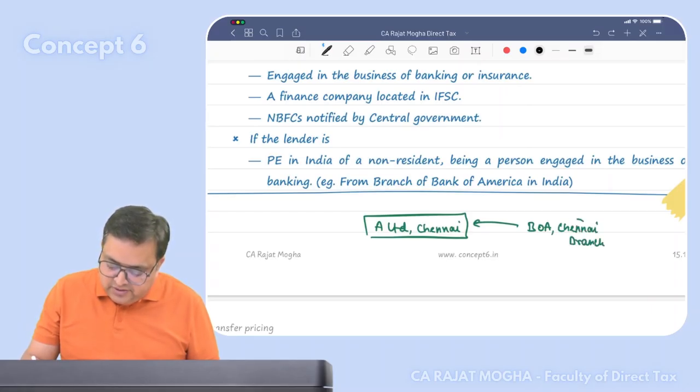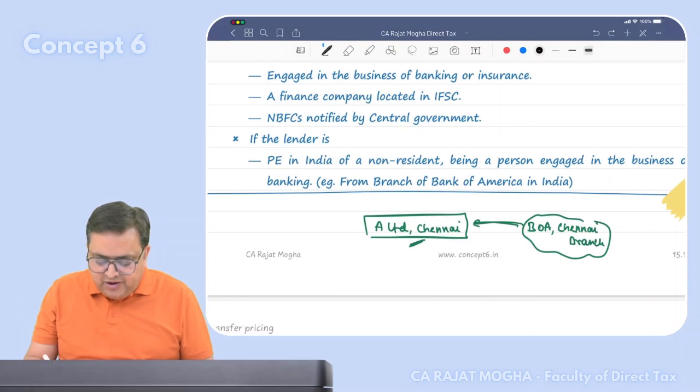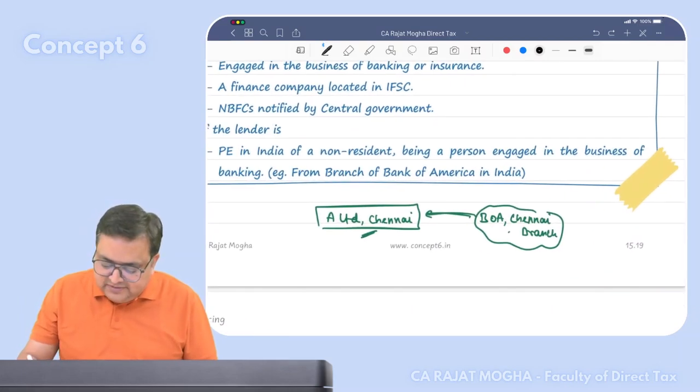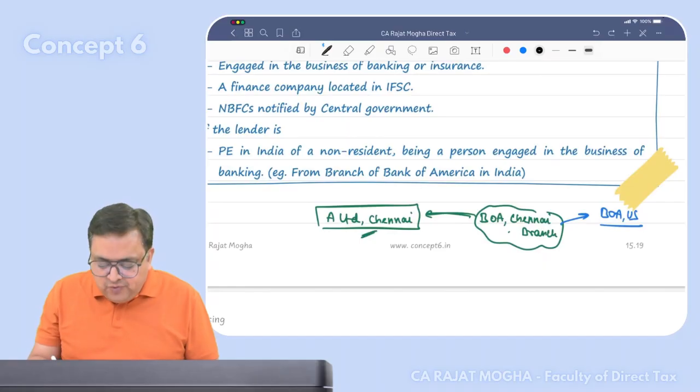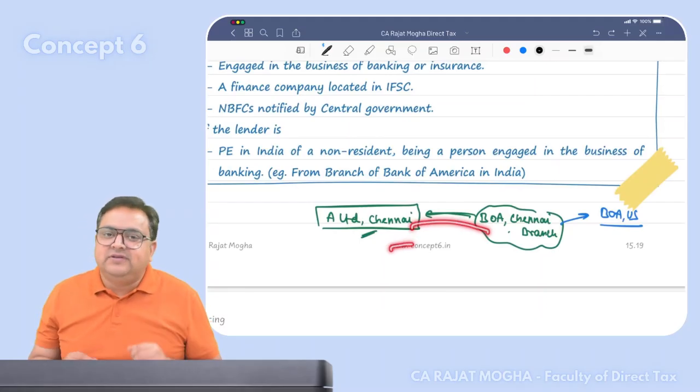You have taken a loan in the normal course of business, and their parent company is Bank of America, US. Right? So if you have taken a loan in a normal course of business from a banking company, then also this section will not apply.